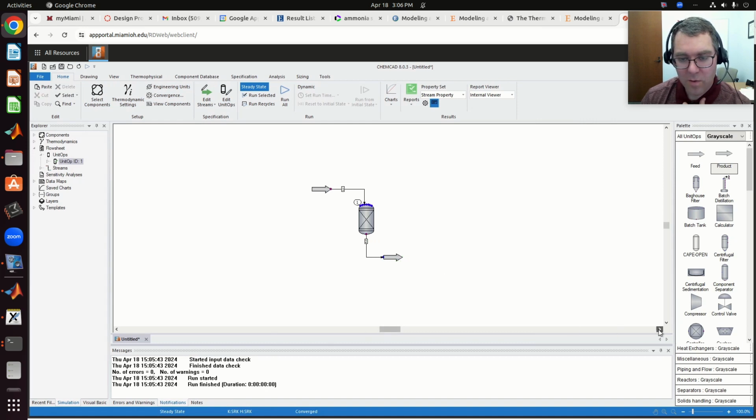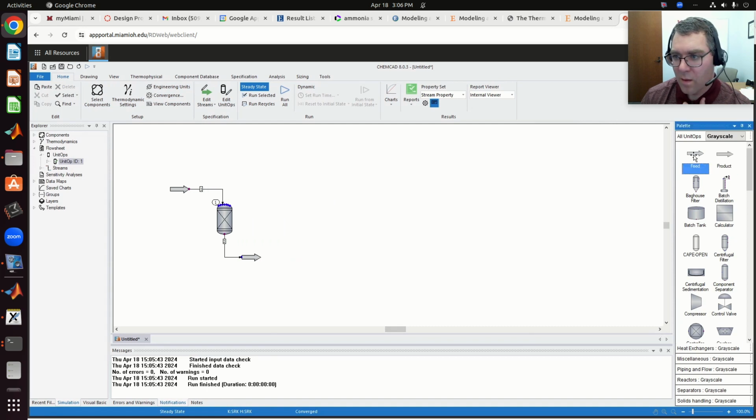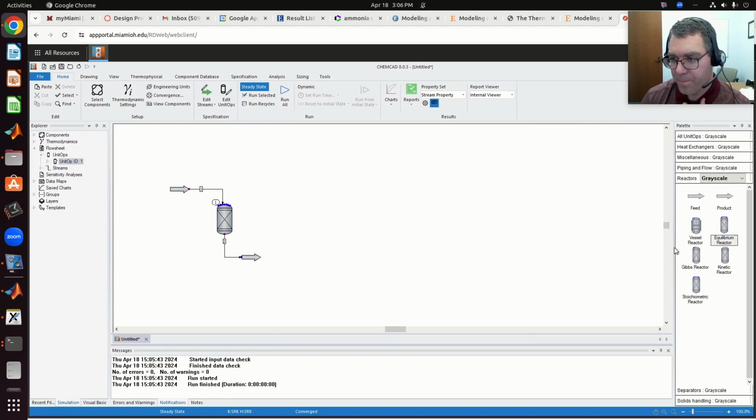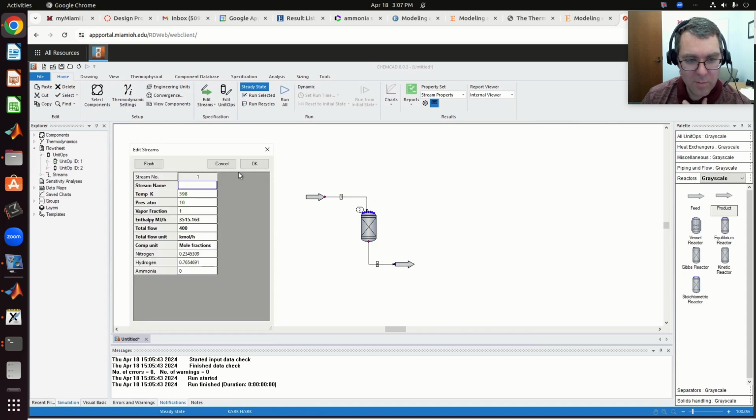Okay, and so for comparison, let me try modeling a Gibbs reactor, just out of curiosity. So what I'm going to do is set up my Gibbs reactor to be the same.